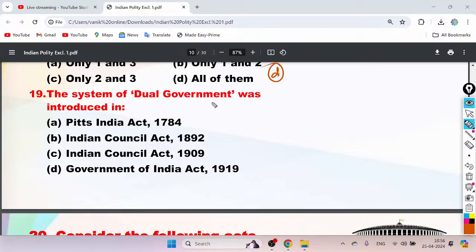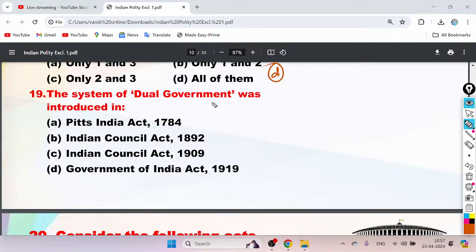The system of dual government was introduced. Dual government means a body in charge of company commercial affairs and a body in charge of political affairs. The company's commercial activities and political activities were separated.